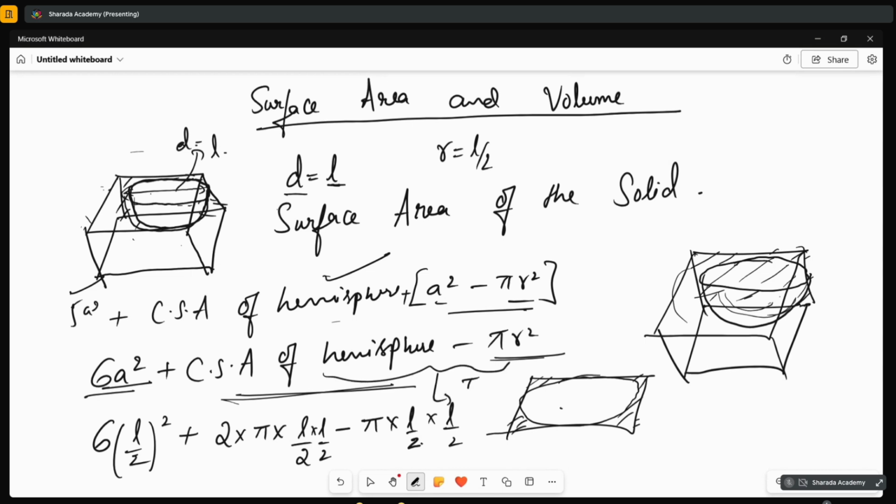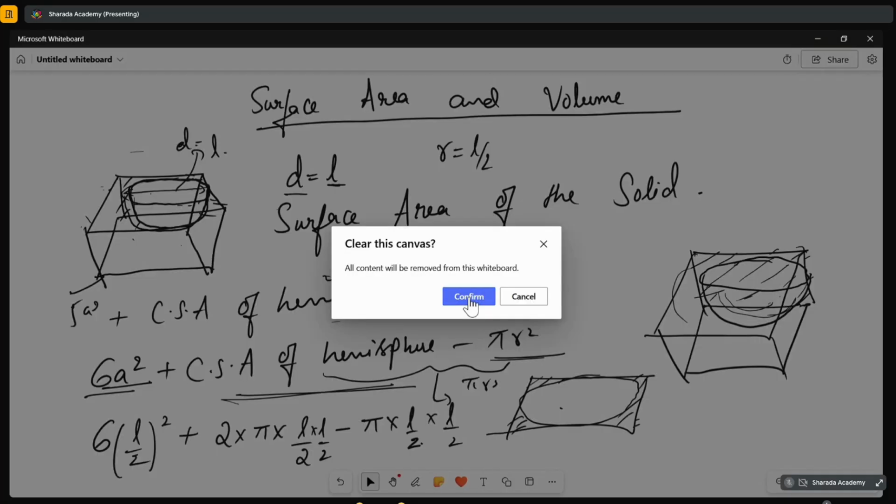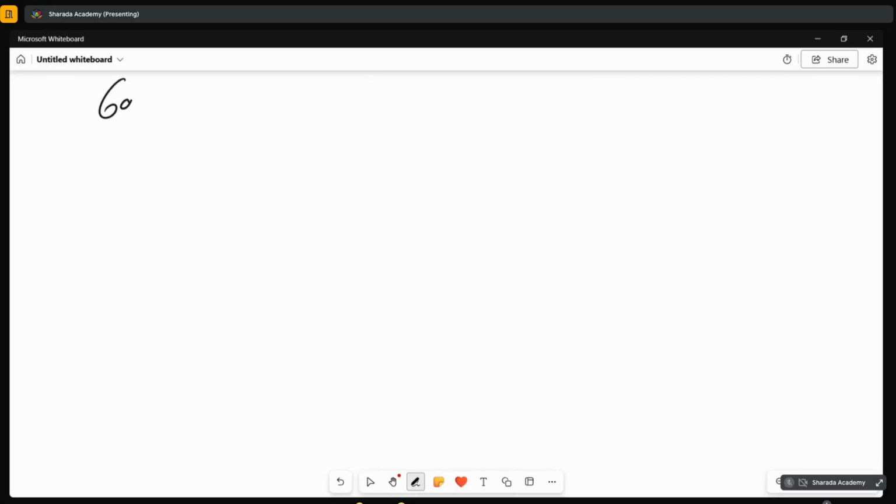Or directly I can write this is equal to pi r square also, and substitute. Calculate and tell me what is the final answer. 6a square plus pi r square, and r is equal to L by 2. So 6 into L by 2 whole square plus pi into L by 2 whole square.